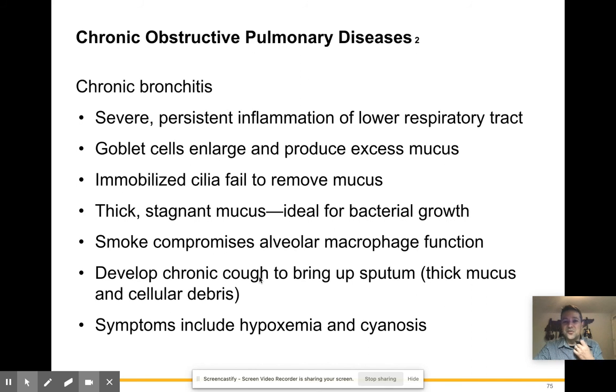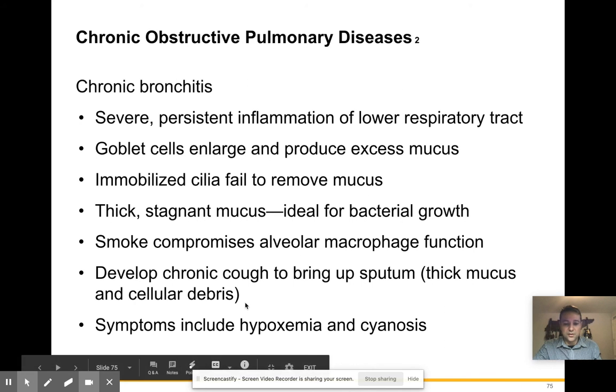That's going to be that green, brown, yellow mucus that comes up out of your throat, which could be caused by smoking or other conditions. Some symptoms of chronic bronchitis are hypoxemia and cyanosis.